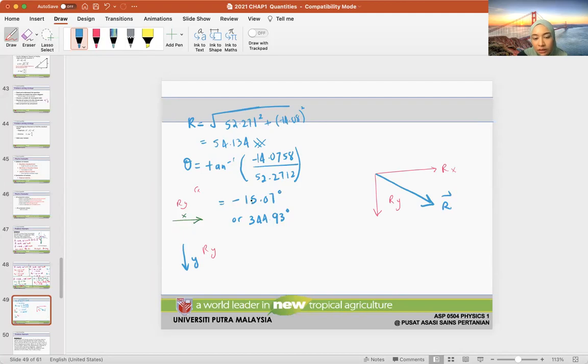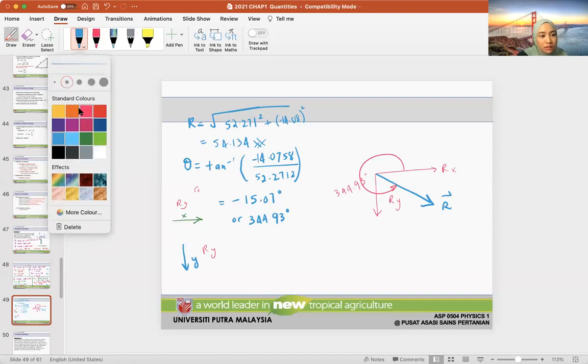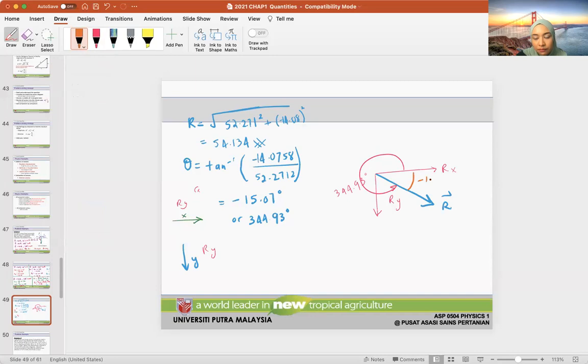The angle is given by minus 15.07, or from here to here, 344.93 degrees. If we want to use the negative, that's fine, which gives us minus 15.07 over here. So we got a negative. It looks correct, our R here has an angle less than minus 90... so it is indeed in this quadrant.